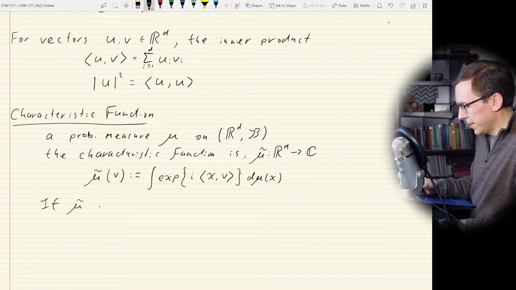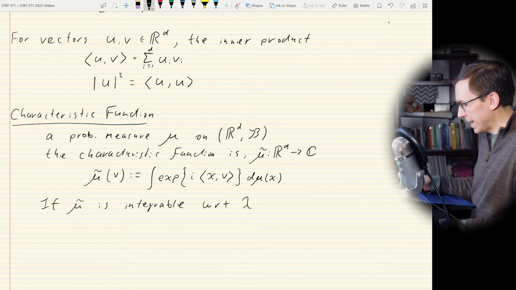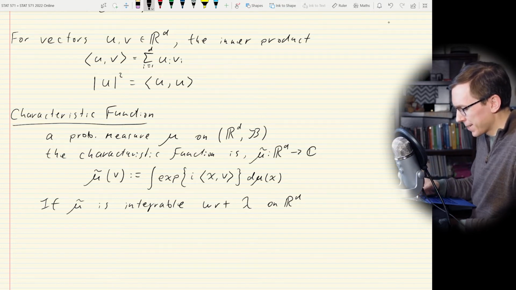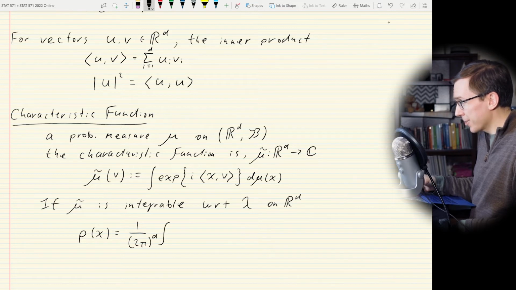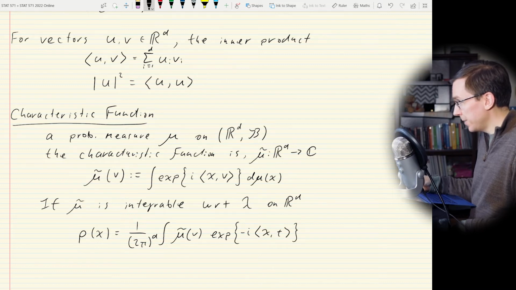If mu tilde is integrable, with respect to Lebesgue measure lambda on R^d, so that this next thing is going to make sense, you can do this in other more general settings, but what we get is that p of x is going to be 1 over (2 pi)^d times the integral of mu tilde of v, I like v better now, times e to the minus i x·v d lambda v.